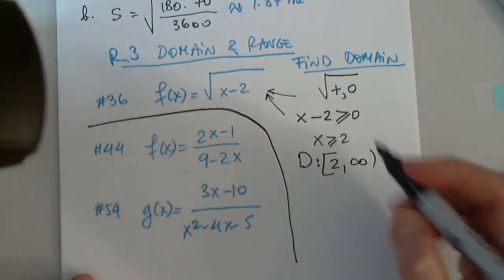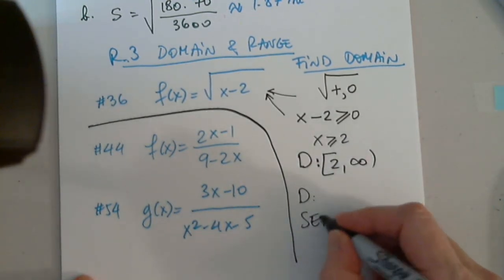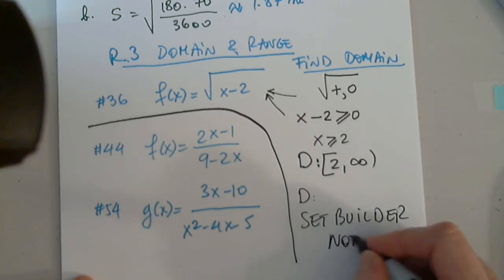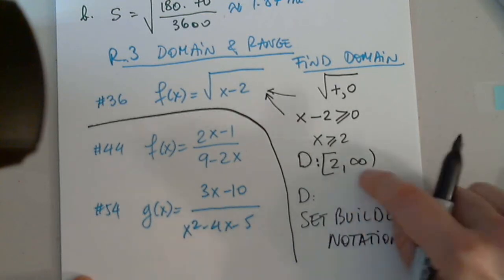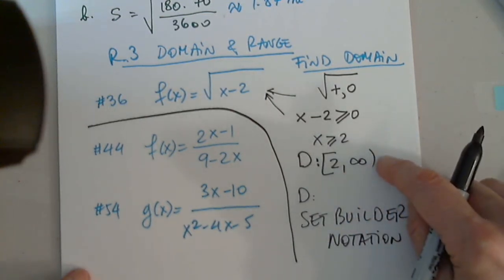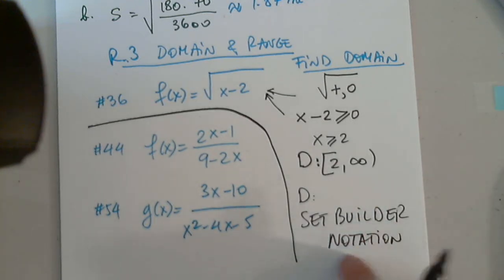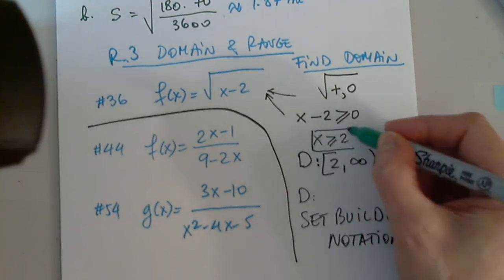You may encounter the domain written in set builder notation. This is interval notation. This is what I prefer, but MyLab Math may ask you to use the set builder notation. Why I think it's not useful, but it's okay, is because it really copies this.